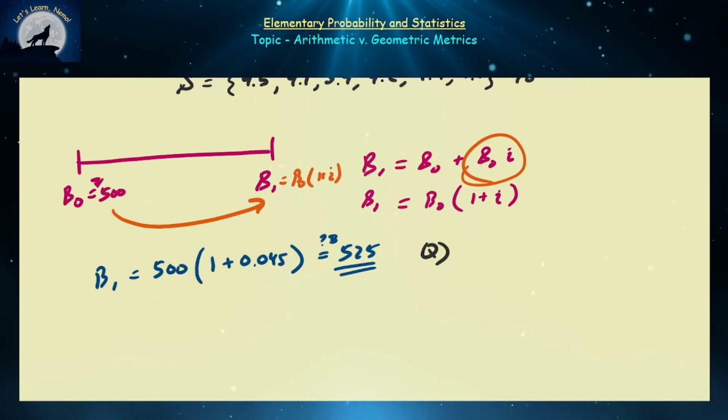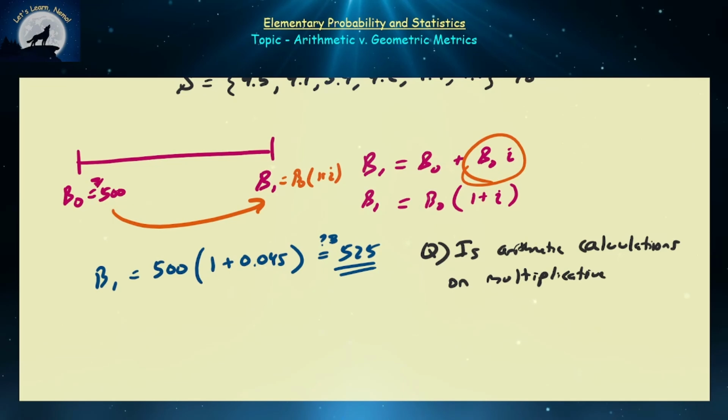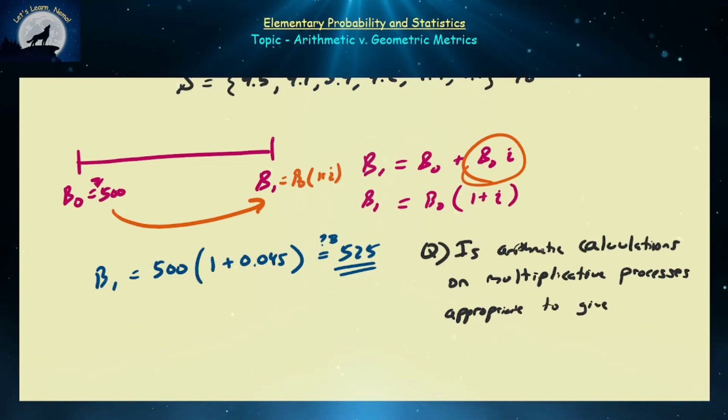So one could ask the natural question: are arithmetic calculations on multiplicative processes appropriate to give non-misleading results?